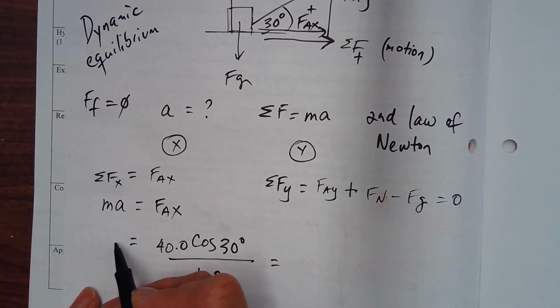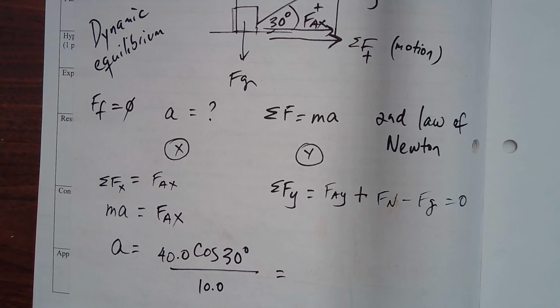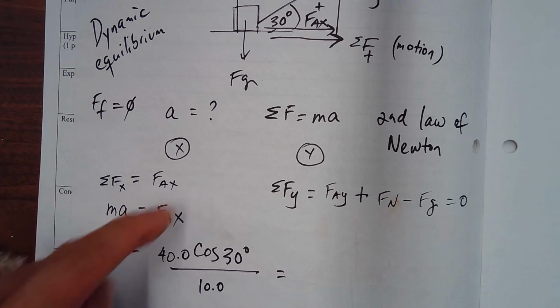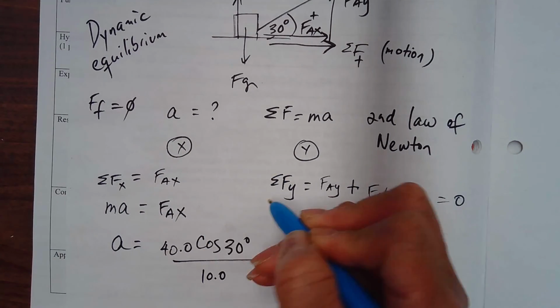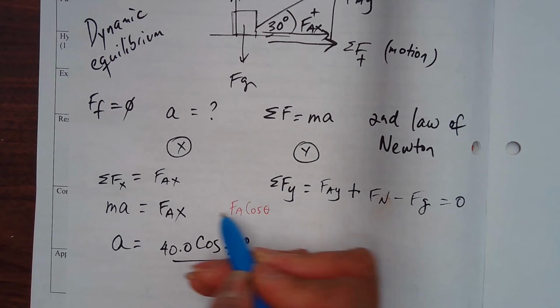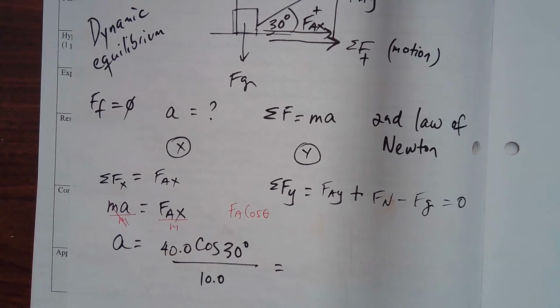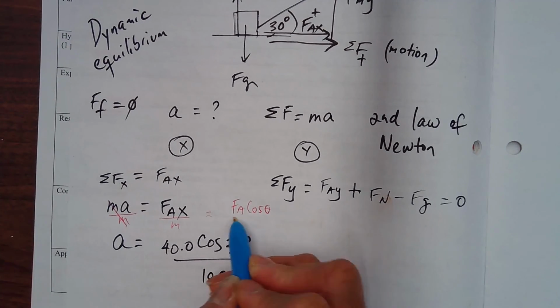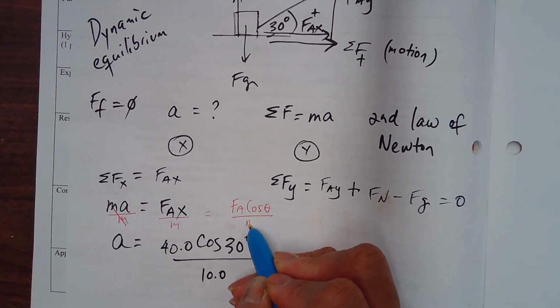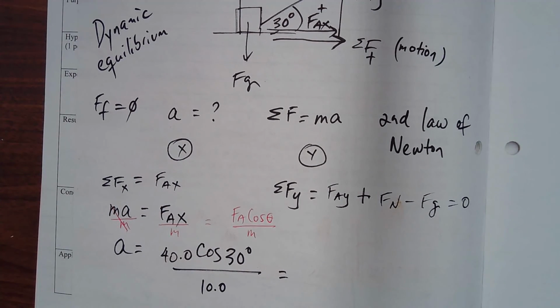And that will give you the acceleration. Okay? Just to give you the step that's missing here, this will become FA cos theta, divided by m. See, the m disappears. So this will be divided by the mass, which is 10 kilograms. And you will get your answer. That should be it.